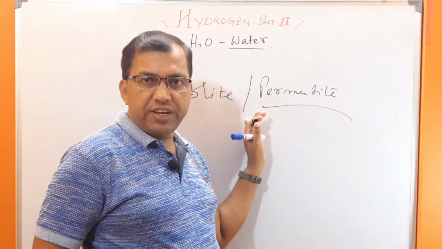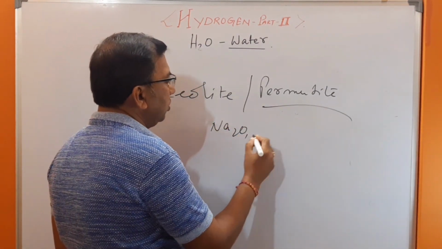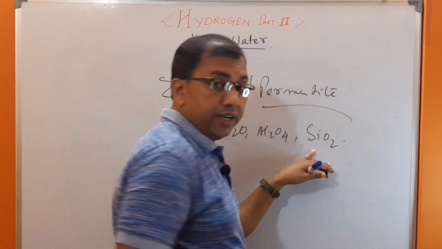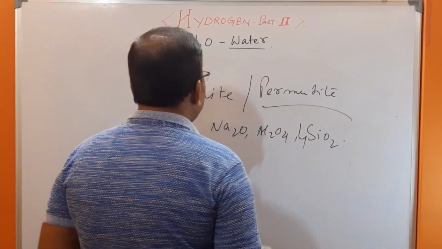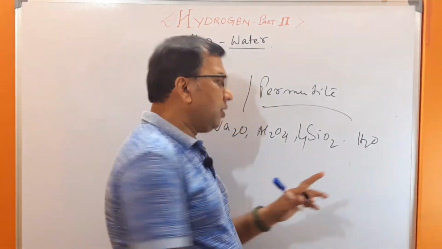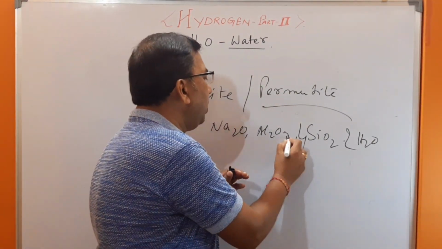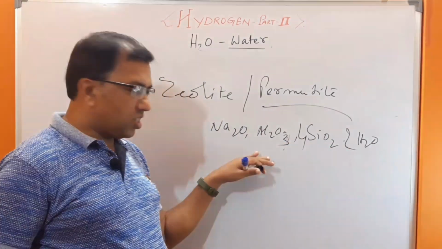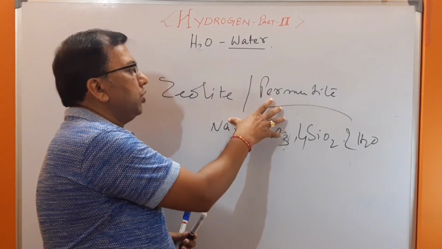The formula is Na2O, Al2O3, SiO2, hydrated, with xH2O, but you have to write 2H2O. So Na2O, Al2O3, xSiO2, 2H2O: hydrated sodium aluminum silicate. Clear? So this process is very important.